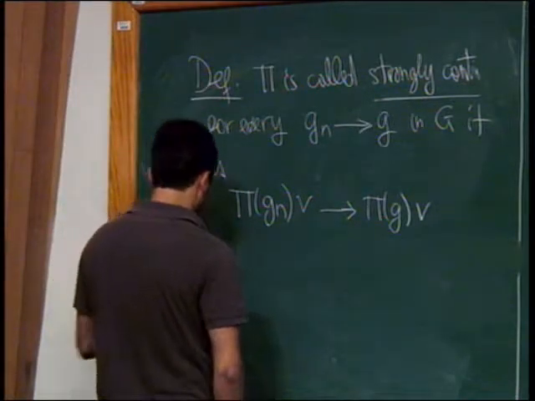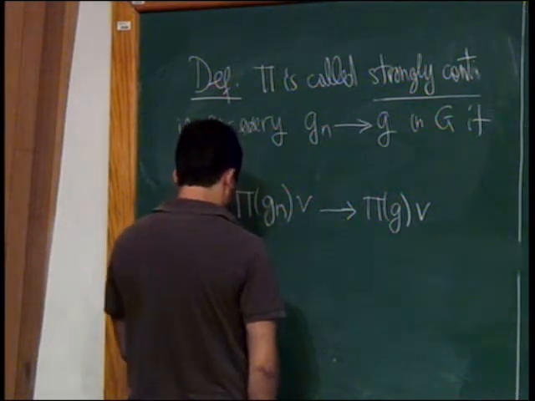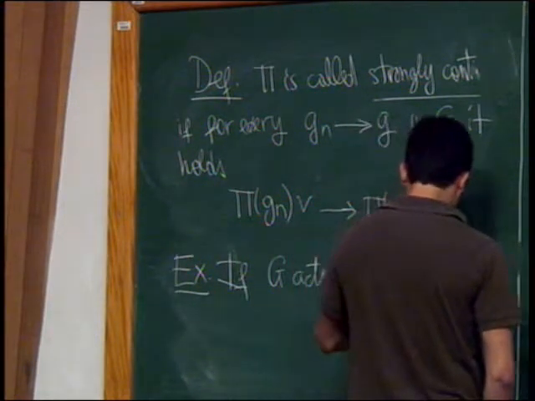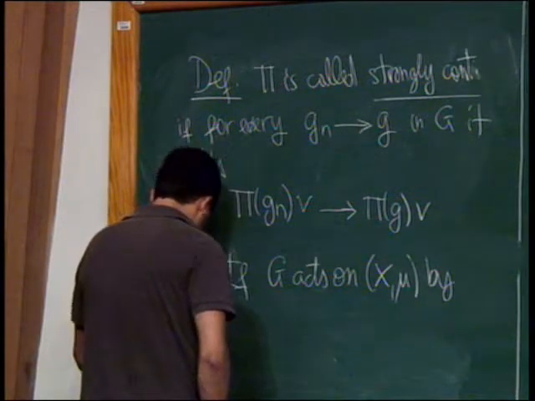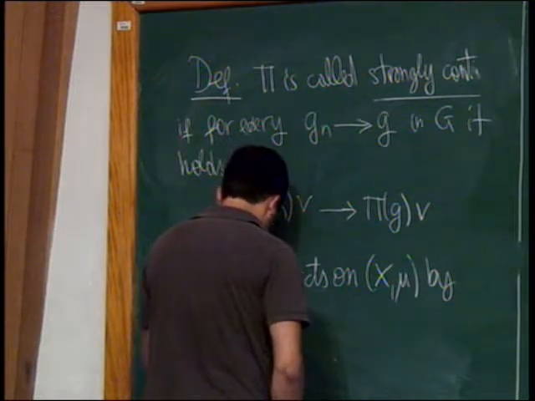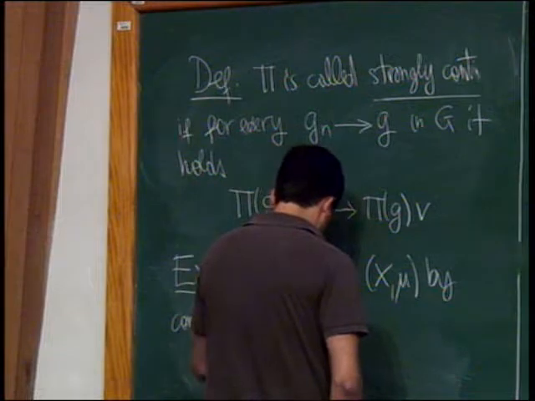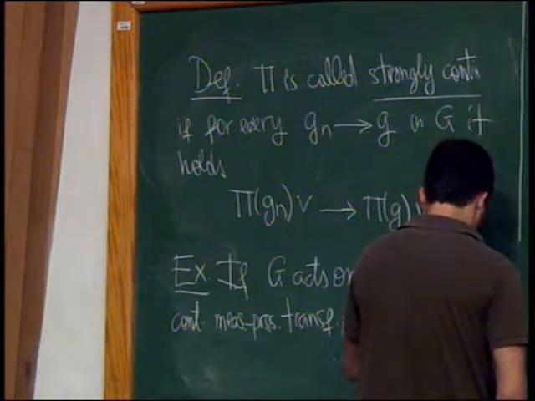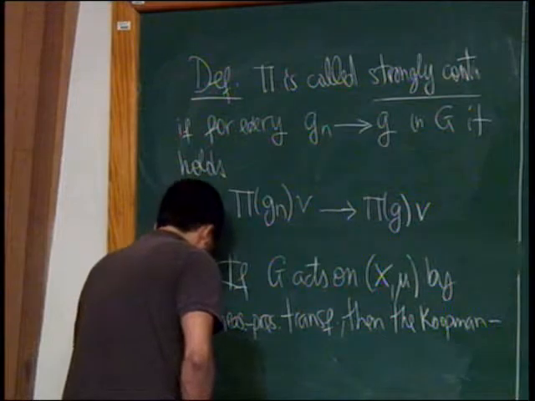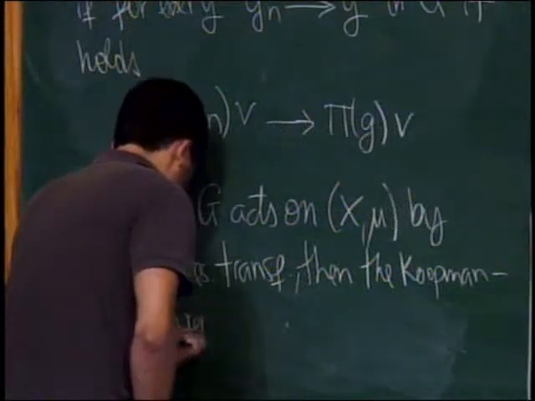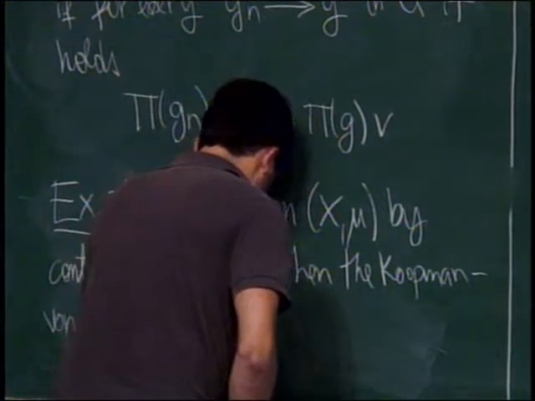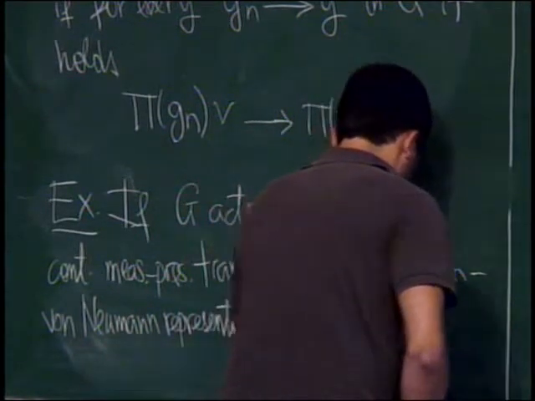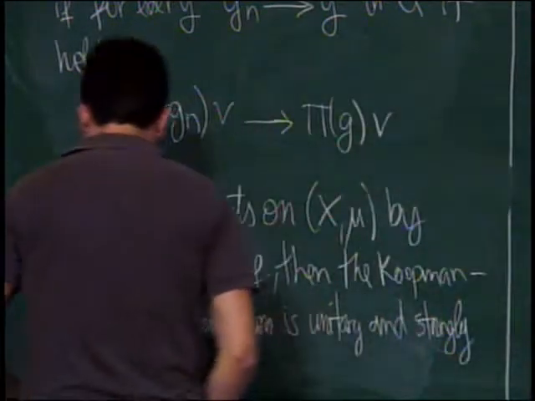And as an exercise, I'm going to leave you to prove that if G acts on (X, mu) by continuous measure-preserving transformations, then the Koopman-von Neumann representation is unitary and strongly continuous.